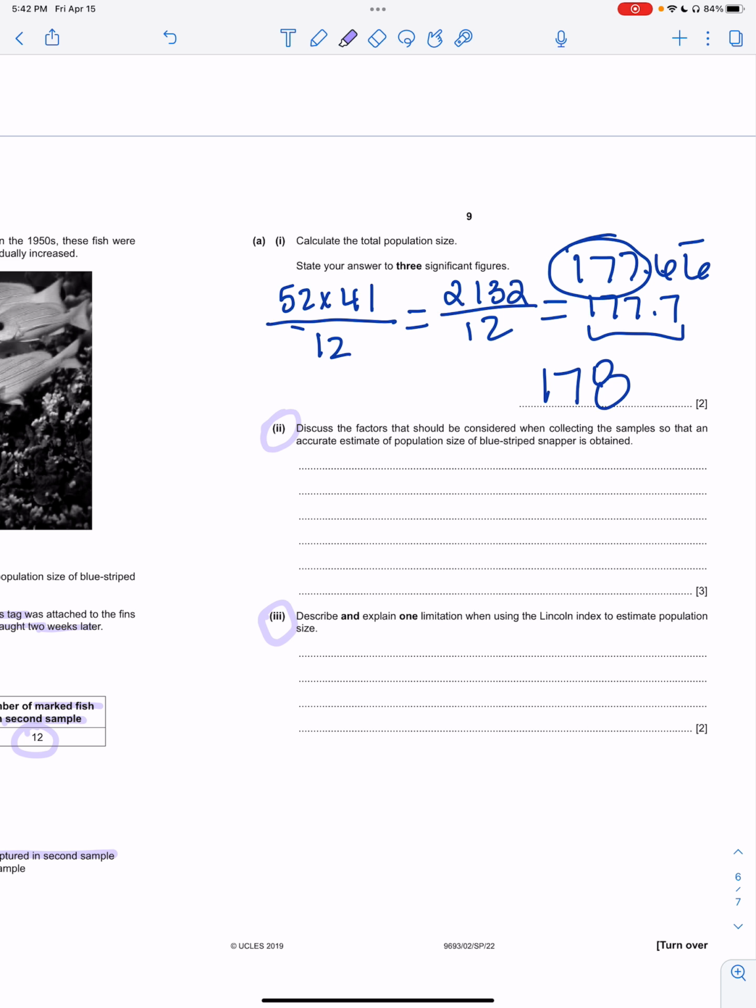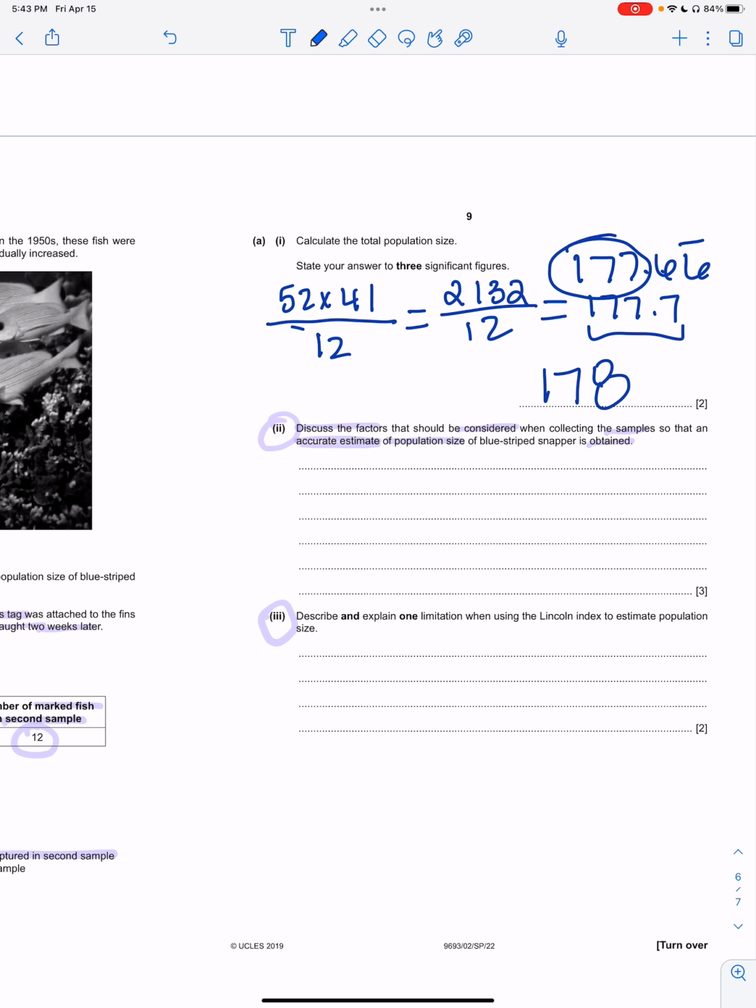But going down to this second question, it says discuss, so talk out the factors that should be considered when collecting the samples so that an accurate estimate, so you don't really want any bias or any extra human error put in, an accurate estimate of the population size is obtained. So things you want to consider.